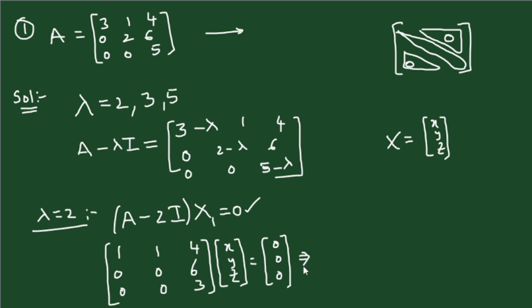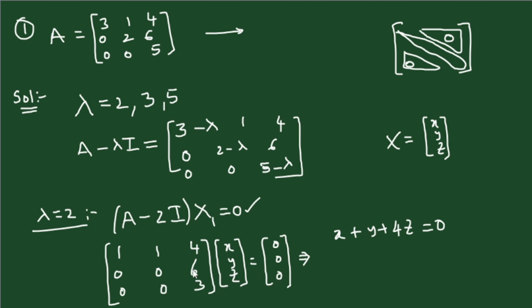From this, we get the equations x plus y plus 4z equal to 0. How do you get these equations? First row and this column, multiply corresponding elements, you will get 1 into x plus 1 into y plus 4 into z. So this is one equation.